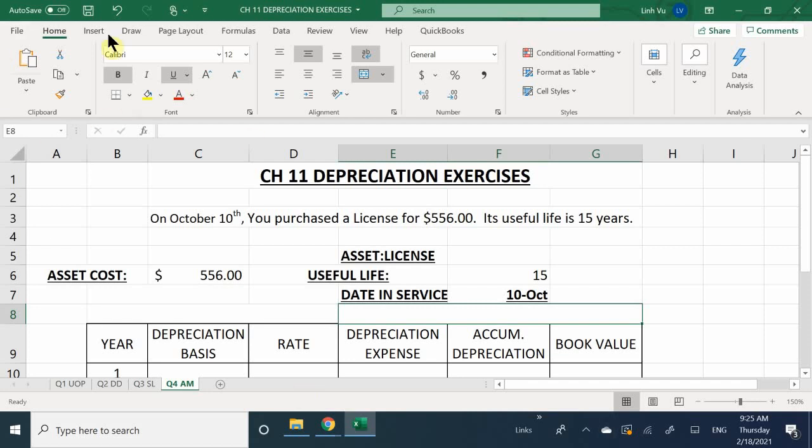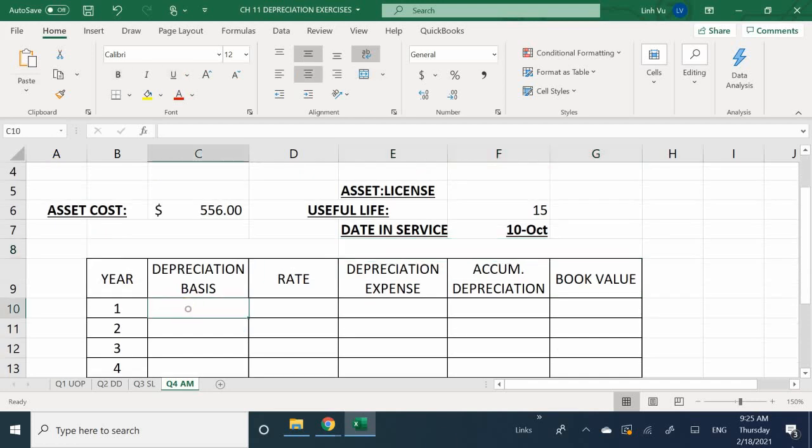So what's going to be my depreciation basis? Three months. Good. We're going to be depreciating it for 3 months, but what's my depreciation basis?